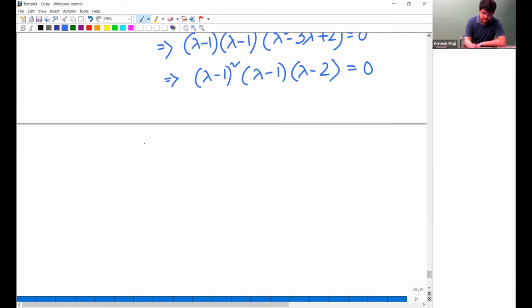So this is a 4 cross 4 system, and as you have learned in class, a 4 cross 4 system has 4 eigenvalues. So the 4 eigenvalues of the system are: 3 of them are the same, that is 1, and the other is 2. But nevertheless, these are 4 eigenvalues.